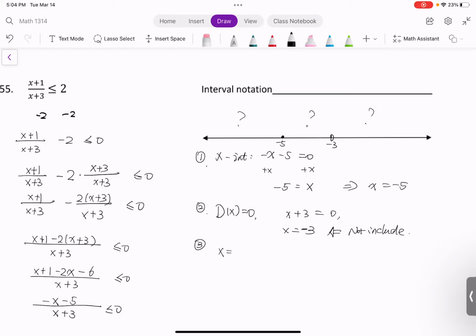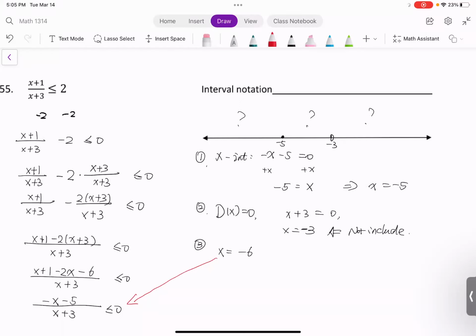So x equals negative 6. Let's see. Plug them into, oh, sorry, that's too far. Plug it into this inequality, or which one is better? I think the last one is better, because this is the most simplified form.